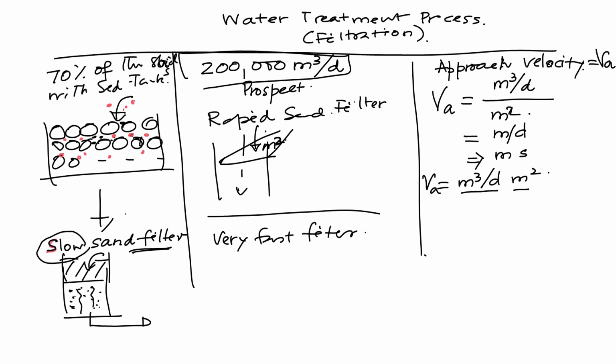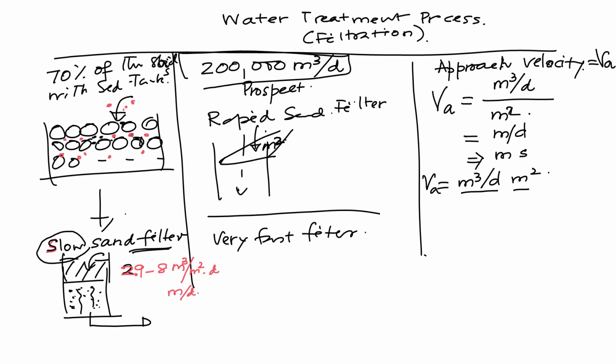Now in the slow sand filter, you can get about 2.9 to 8 cubic meter per meter squared per day or meter per day.